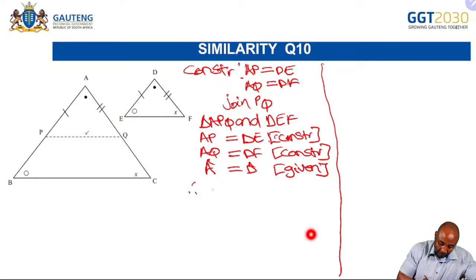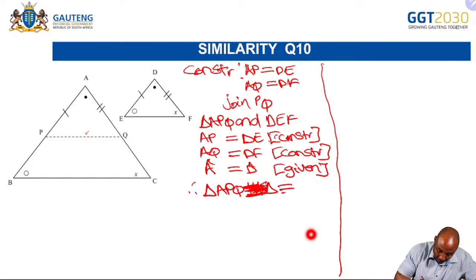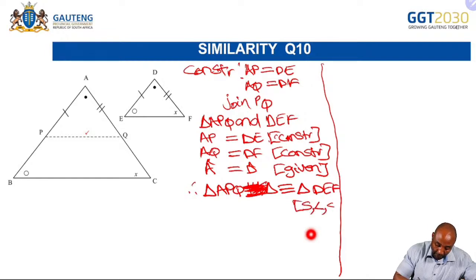So therefore, triangle APQ is similar to, sorry, it's congruent, not similar, is congruent to triangle DEF, and our reason is side, angle, side.